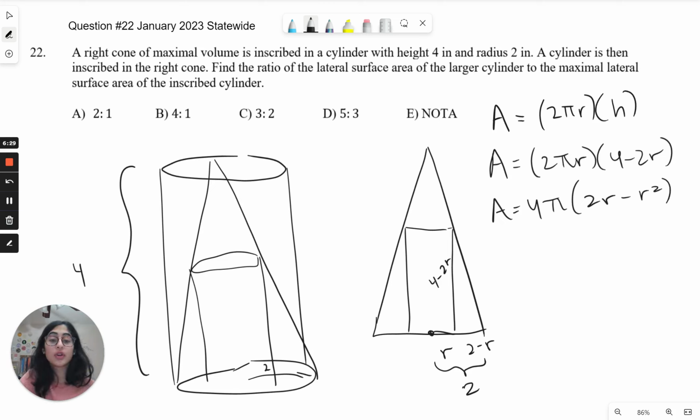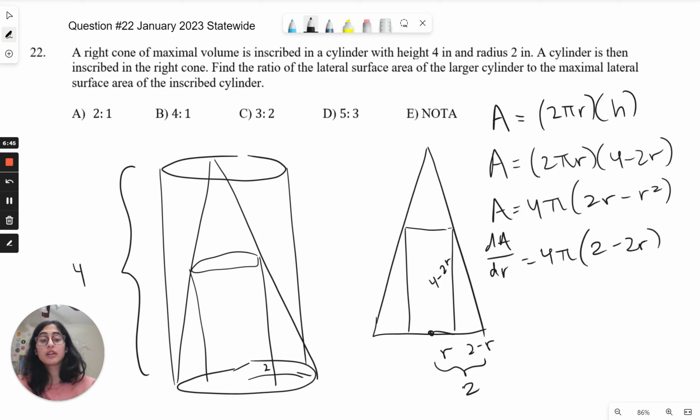That's the r value that we want. The derivative is 4 pi times the derivative of 2r minus r squared, which by the power rule is 2 minus 2r. Where this equals 0 is where 2 minus 2r equals 0, which is when r equals 1. So a radius of 1 gives us the maximum lateral surface area of this cylinder.